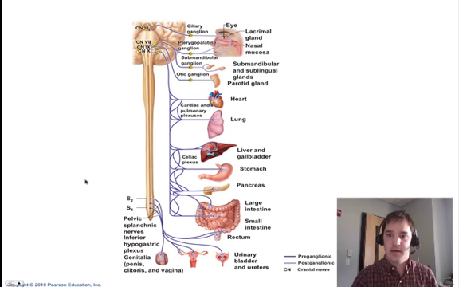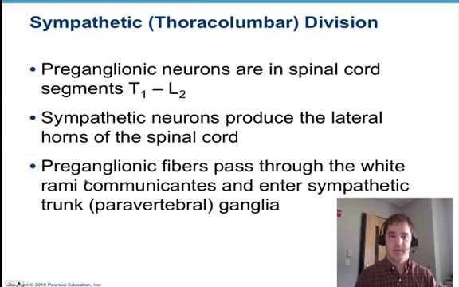In the sympathetic nervous system, most of the preganglionic neurons are in the spinal cord segments of your thoracic and upper lumbar segments. These sympathetic neurons are what produce the lateral horns of that butterfly in the spinal cord.